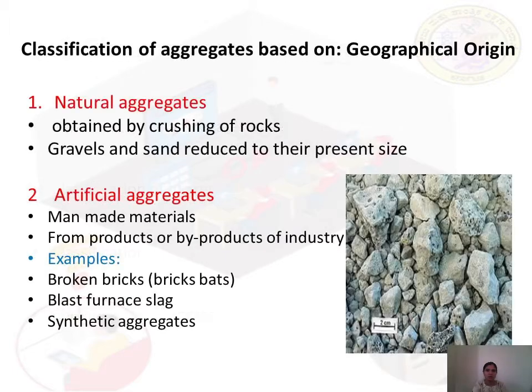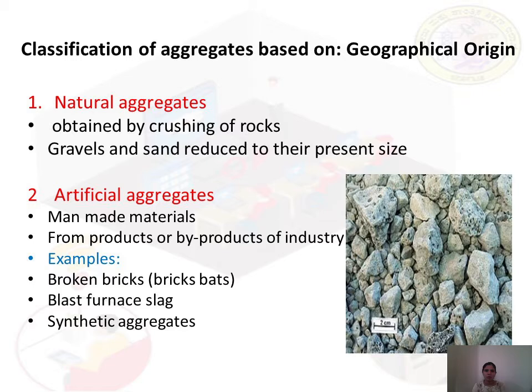Let's move on to the first one, that is aggregate classification based on geological origin. Based on its geological origin, there are two types of aggregates, that is natural aggregates and artificial aggregates. Natural aggregates are obtained from crushing of igneous rocks, sedimentary rocks or metamorphic rocks.